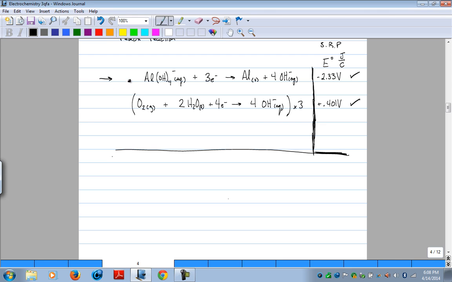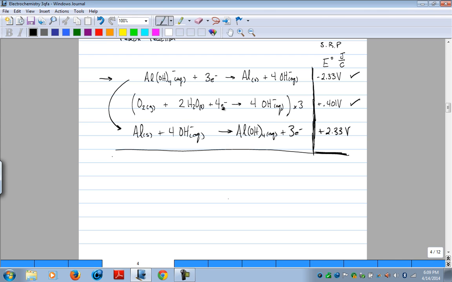So we'll have to rewrite the aluminum equation as an oxidation potential, which we do just by flipping the equation and the sign of the standard reduction potential to make it a standard oxidation potential. So as you can see with that done, now it's just a matter of balancing the electrons gained with the electrons lost, or vice versa. The oxygen line, I guess you had a sneak preview.